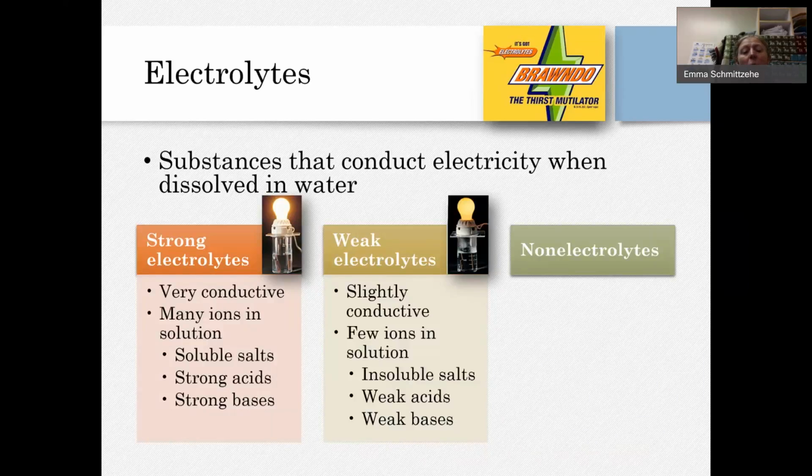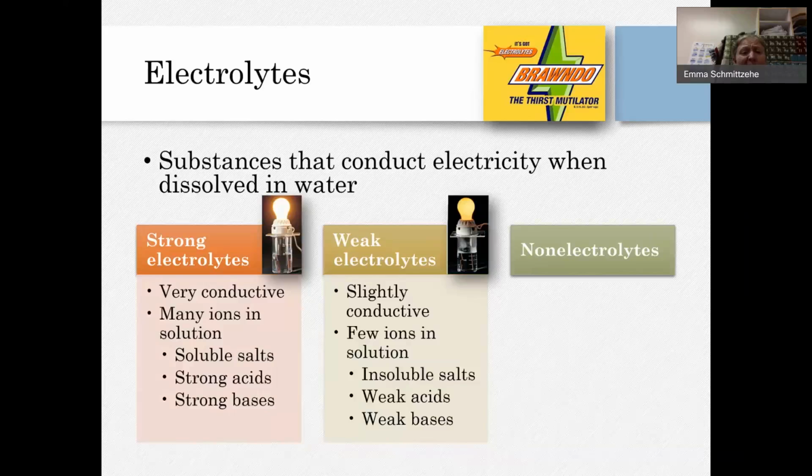And again, you may not already know how to determine whether this is an insoluble salt or a weak acid or weak base, but that's something that eventually you have to learn. But at first, if you're just told this is an insoluble salt, what kind of electrolyte is it? You should know it's a weak electrolyte because they always are. Same with weak acids and weak bases.